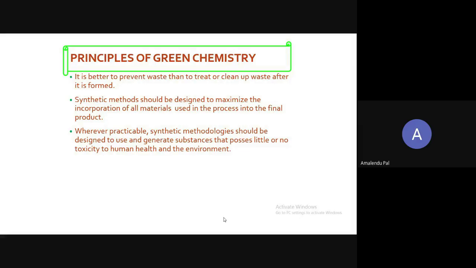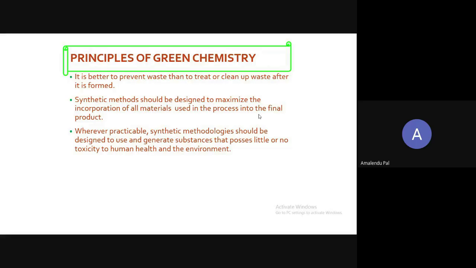Then another thing is that the synthetic method we use should be designed to maximize the incorporation of all materials used in the process into the final product. So we have to use minimum materials to get the final product.